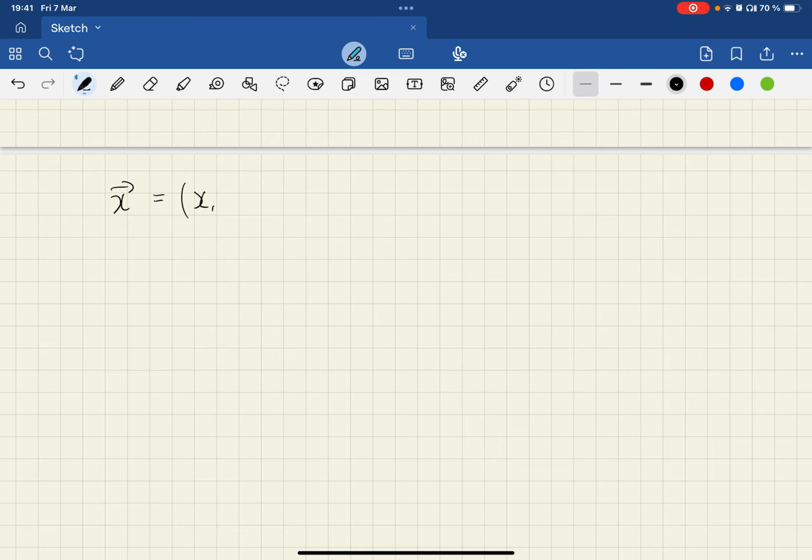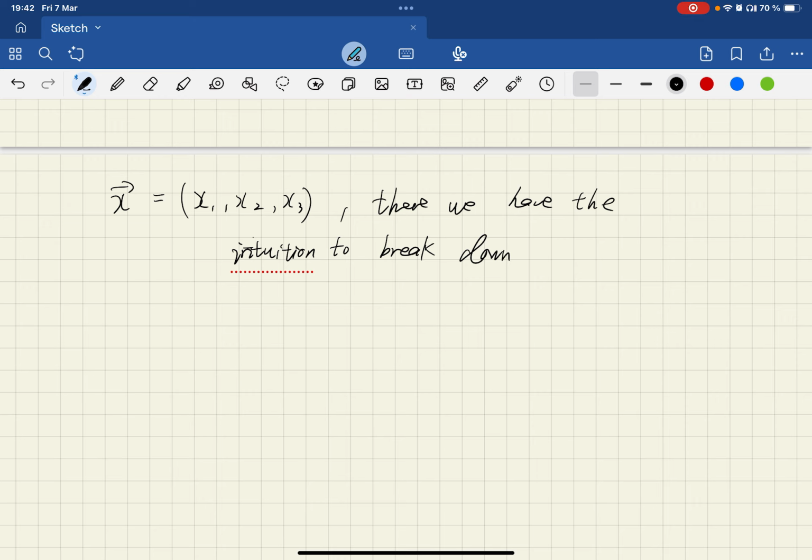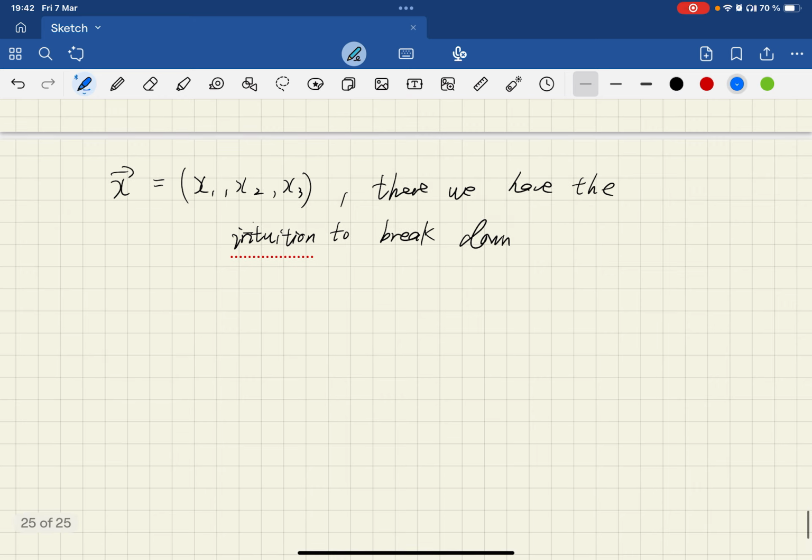If we choose x1, x2, x3 as the three components, we have the intuition to break down, which is very important, that you can write a vector like this.